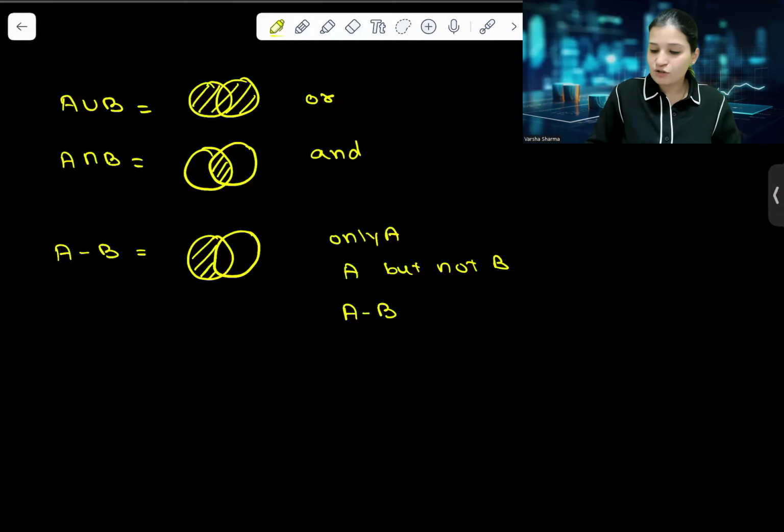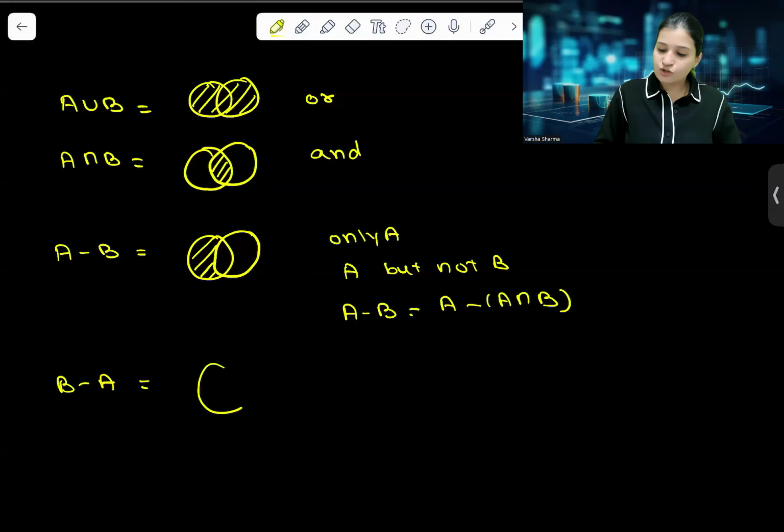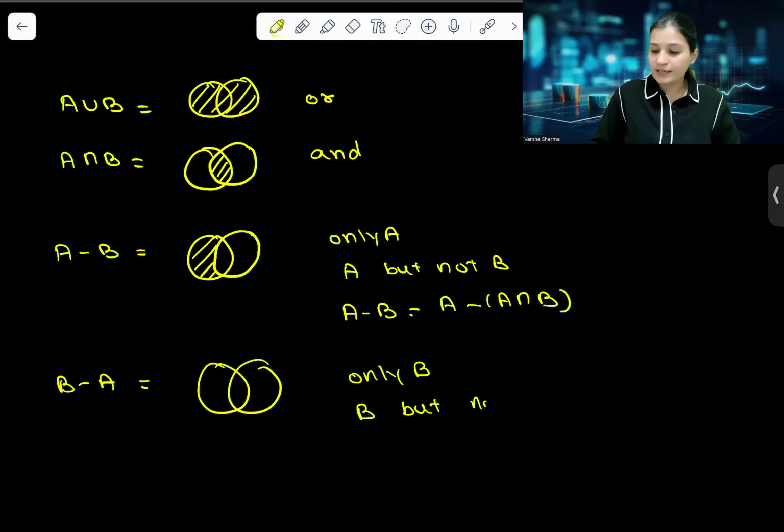So A minus B can also be written as A minus A intersection B. Same goes with B minus A. So B minus A means only B. I want B, but I don't want A. Agree? So from B, just remove the common area that it shares with A.